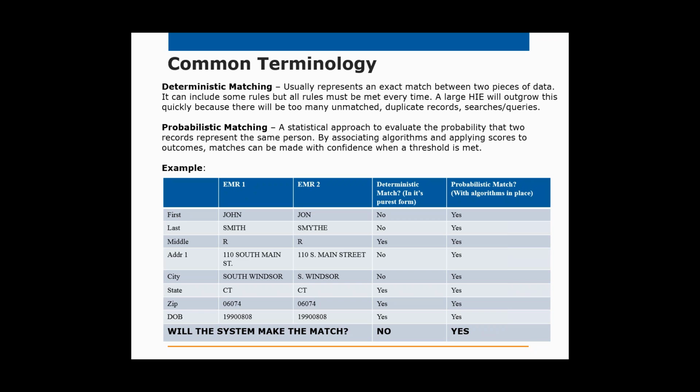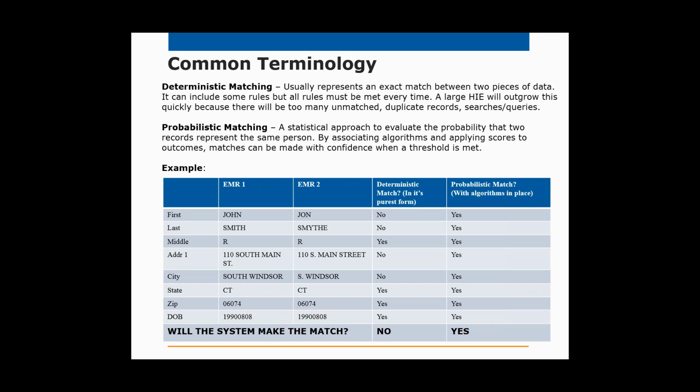So EMR1 sends in John Smith, John, Smith with an I, middle initial of R, and look at that address, 110 South, spelled out, Main, spelled out, Street, we just have ST period. Okay, this person lives in South Windsor, all spelled out, CT 06074 with a date of birth of 1990, 0808.